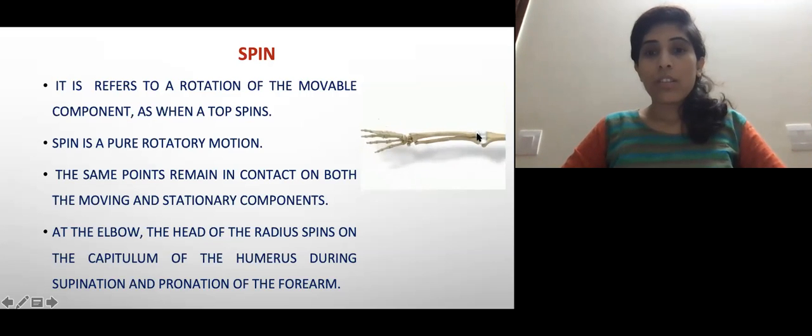Here the head of the radius is moving on the capitulum, and the point of the radial head which comes in contact with the capitulum and the point of the capitulum that makes the contact continuously remain the same. During this type of motion, the same points remain in contact with each other.